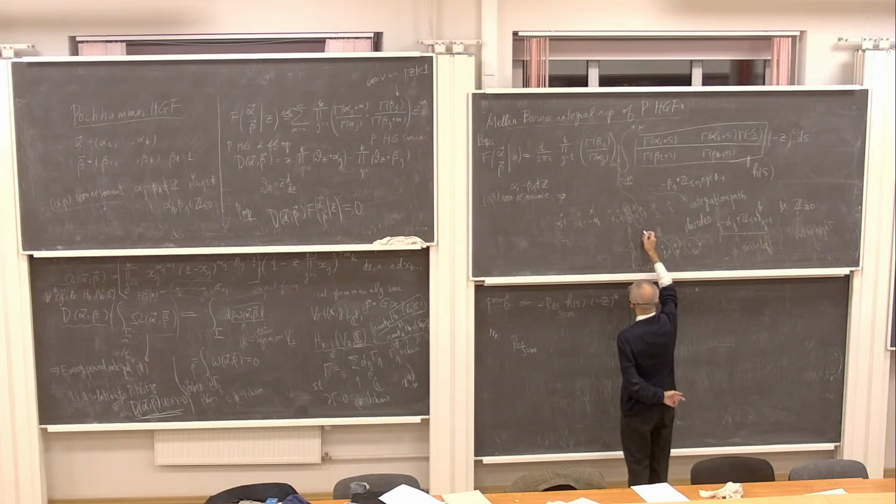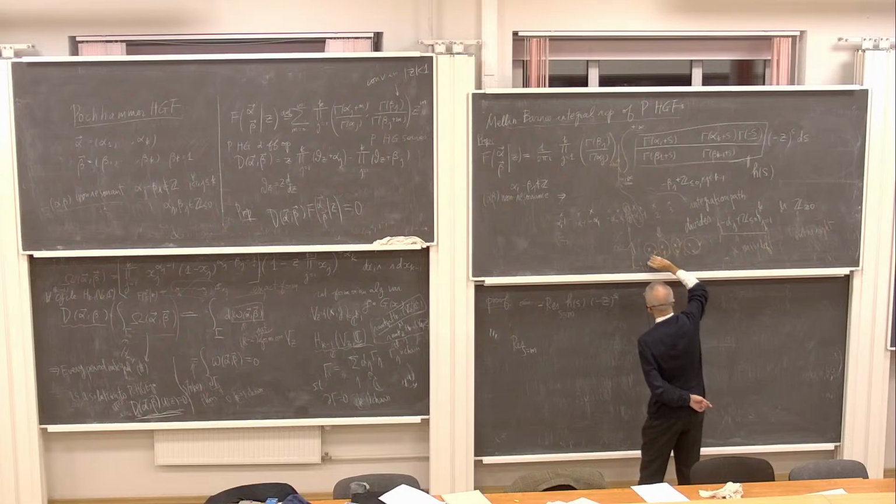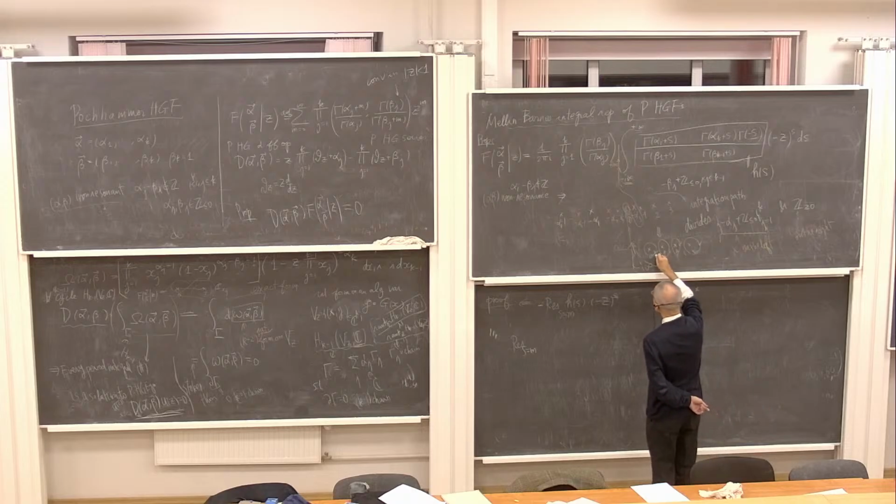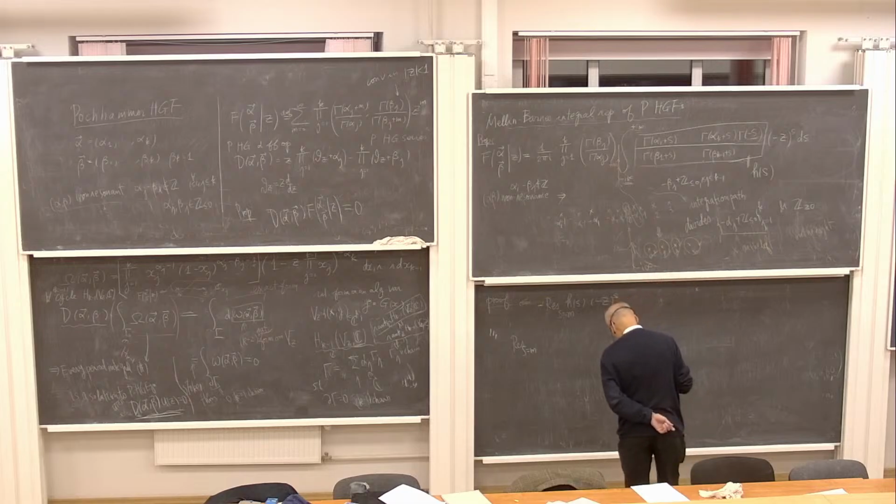We deform this integration path on the right hand side so that the result coincides with the summation of residues at these positive integral points.